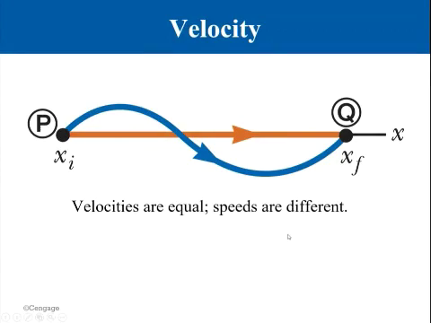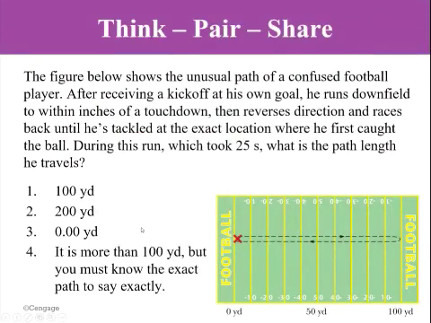So sometimes we have situations where velocities are equal, but speeds are different. Okay? Consider this example. This is a nice and interesting example. The figure here shows the unusual path of a confused football player.